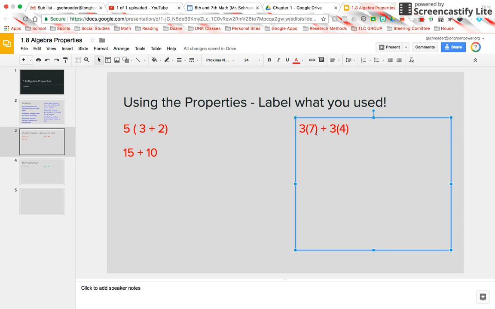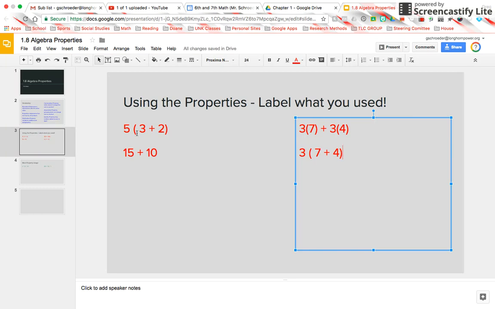Here I have 3 times 7 plus 3 times 4. Here's the opposite of the distributive property, where we're going to pull out a common factor of both. 3 is being multiplied by each of these. Okay, so instead of trying to say 3 times 7 and 3 plus 4, I'm going to rewrite it to a shorter form. I'm going to say 3 times the quantity of 7 plus 4.